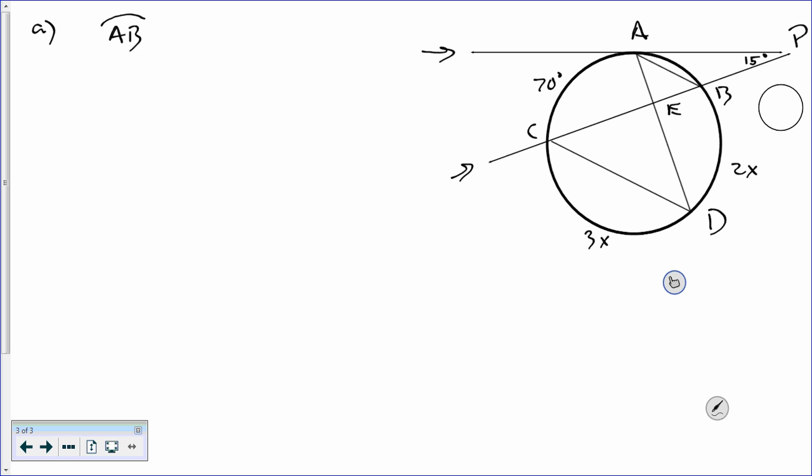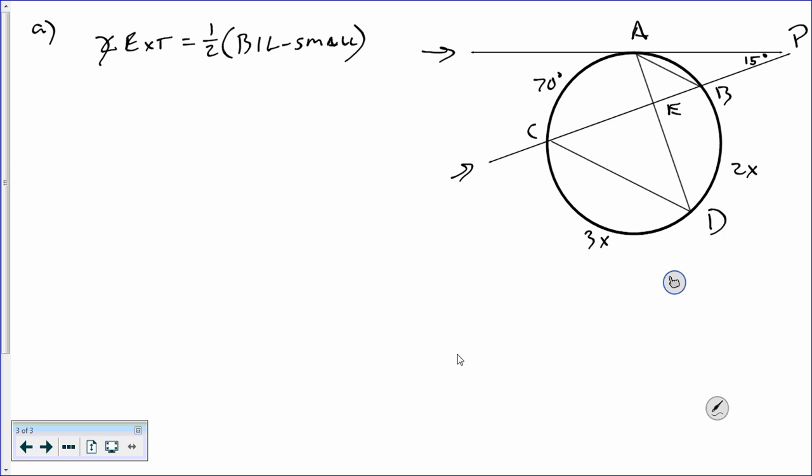So essentially, your exterior angle is equal to 1/2 big minus small. And that's true for tangents, secants, any combination of those two.